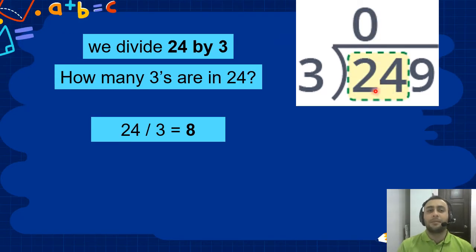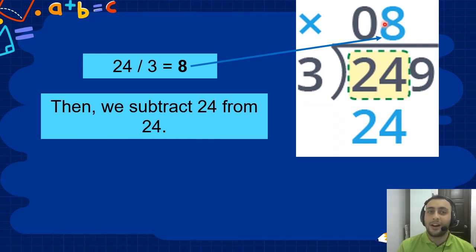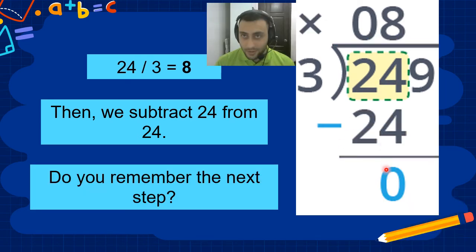So this time, we ask ourselves, how many 3's are in 24? Easy. This is 24 divided by 3, right? The answer is 8. So you write 8 up here. Now, 8 times 3 is 24. Now we subtract them. So 24 minus 24 equals 0.